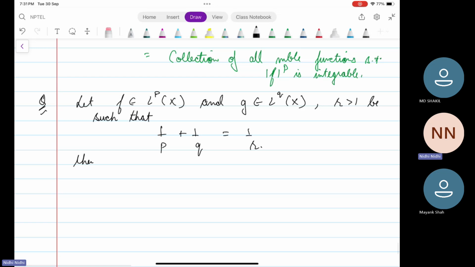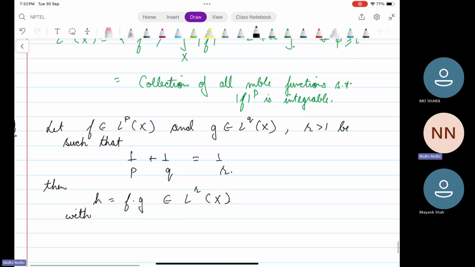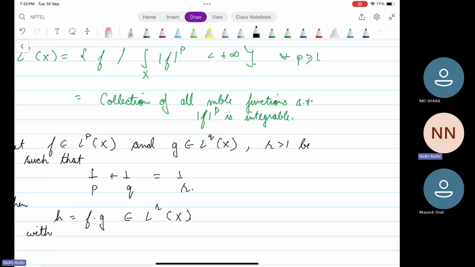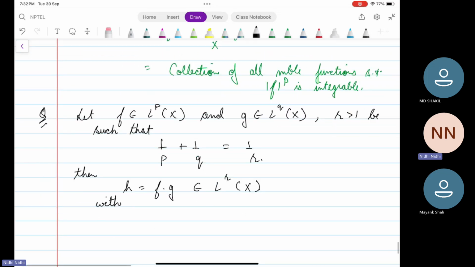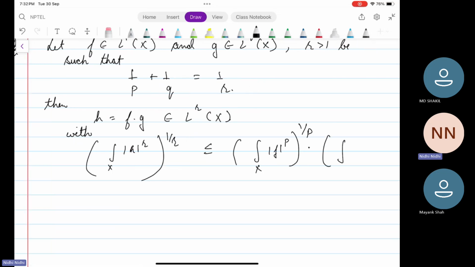Then this function h, which is just f times g, this is just pointwise multiplication, not composition, belongs to L^r, with norm, the integral over X of mod h to the power r whole to the power 1 by r, less than or equal to the integral over X of mod f to the power p, to the power 1 by p, times the integral of mod g to the power q, whole to the power 1 by q.